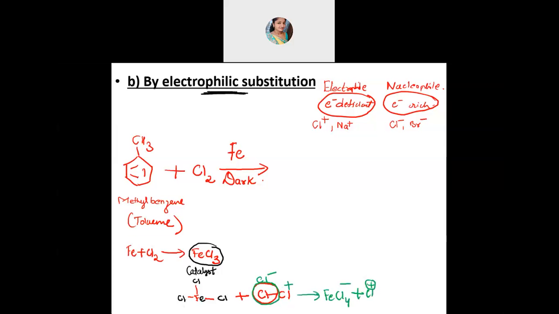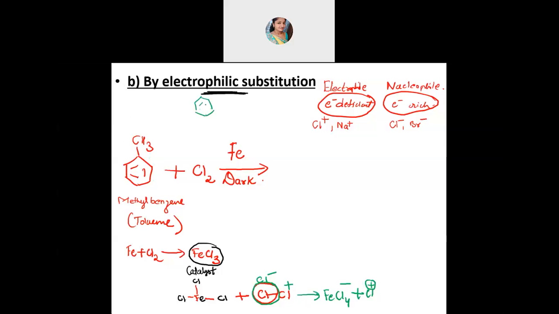This is similar to what I explained about halogenation, electrophilic substitution reaction, in first year. So the same process it is. First is generation of the electrophile, then this electrophile will go and attack the benzene ring. Here the methyl group which is present is ortho-para directing. What do you mean by ortho-para directing?